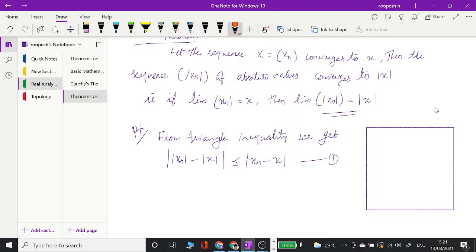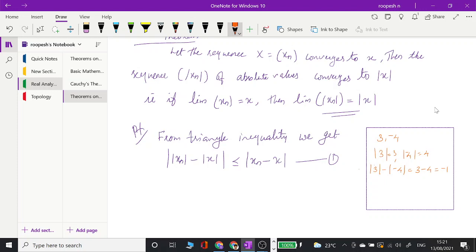So we take 3 comma minus 4. You consider mod 3 and mod minus 4. Mod 3 is 3, mod of minus 4 is 4. Now you find modulus of 3 minus modulus of minus 4, so it will become 3 minus 4, that is minus 1.